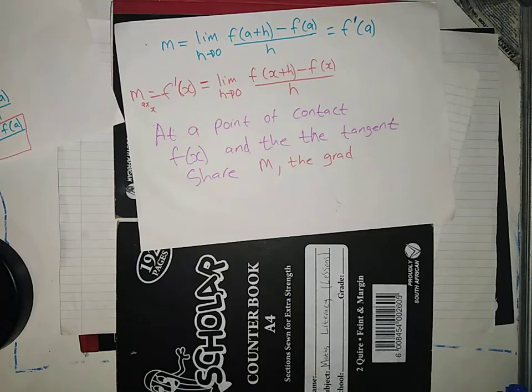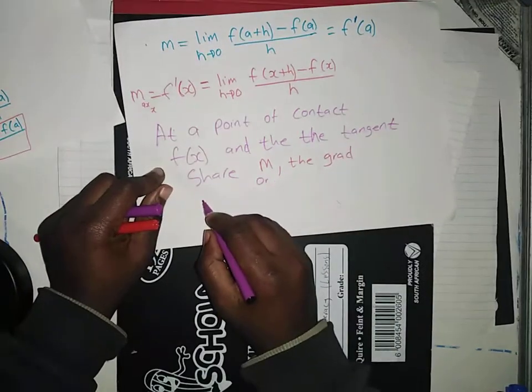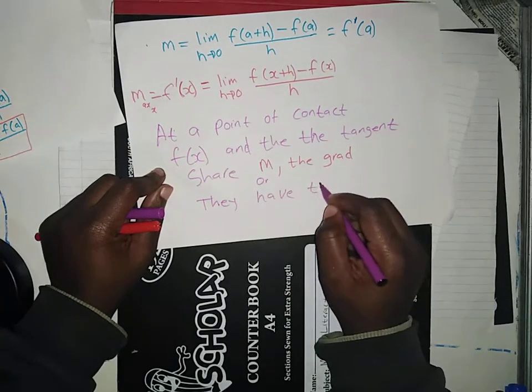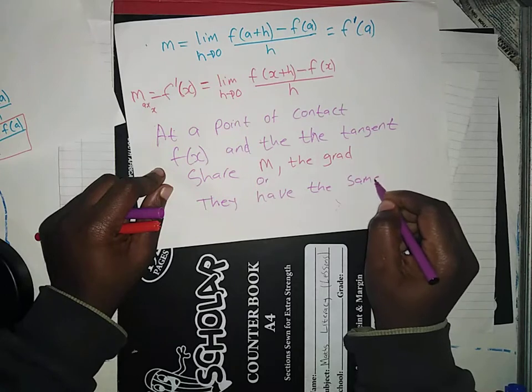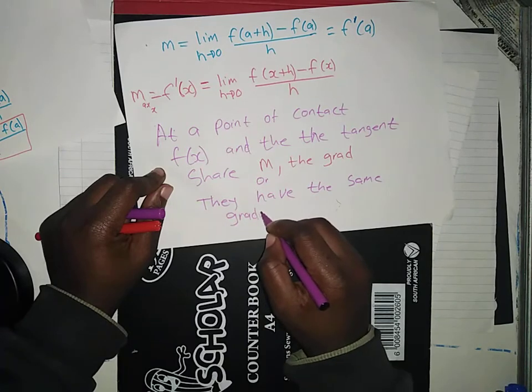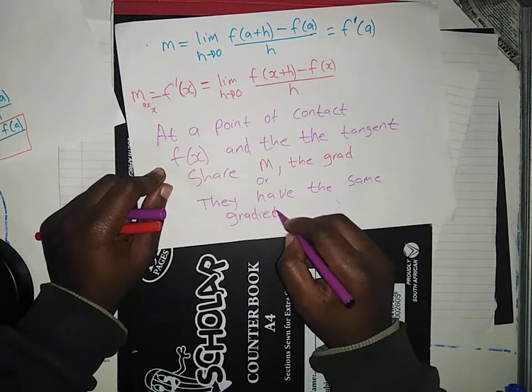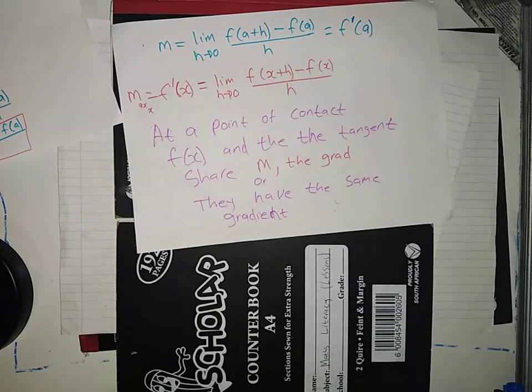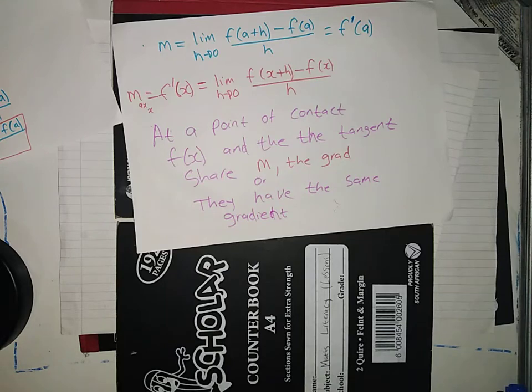or they have the same gradient. Guys, this is very important because as you continue doing problems in the application of calculus, you will have to recall this fact that at a point of contact, the graph, which is f at x, and the tangent have exactly the same gradient.